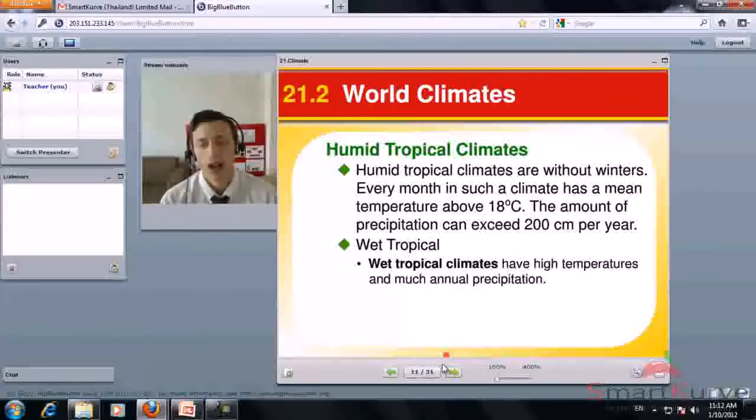Humid tropical climates have no winters. They're close to the equator, so there's never actually a winter. The months have a mean temperature of about 18 degrees Celsius. Yes, in tropical areas, there's very little change in temperature compared to temperate regions.